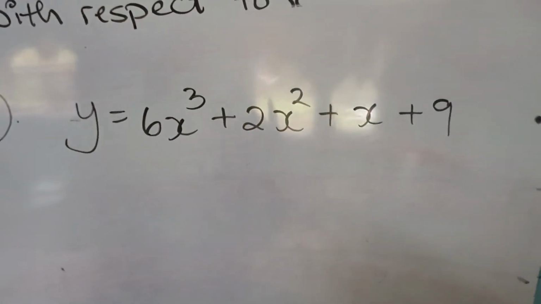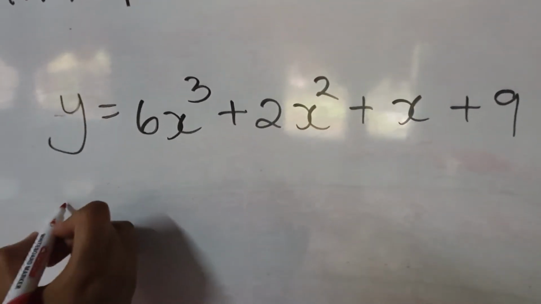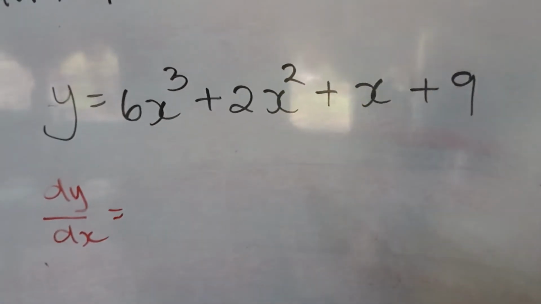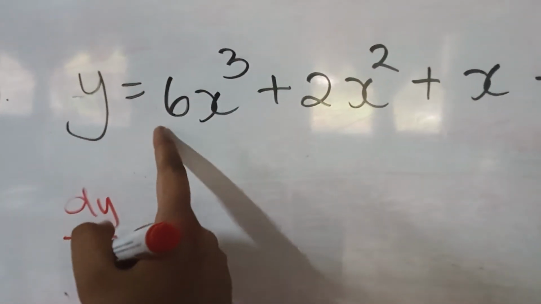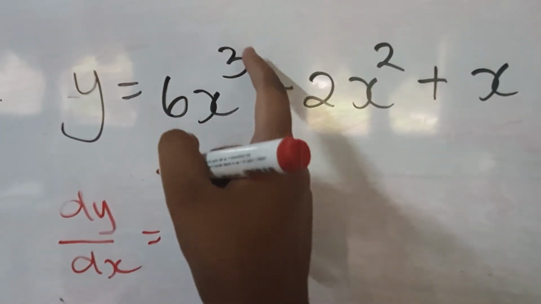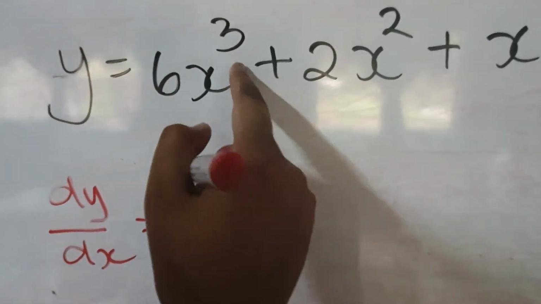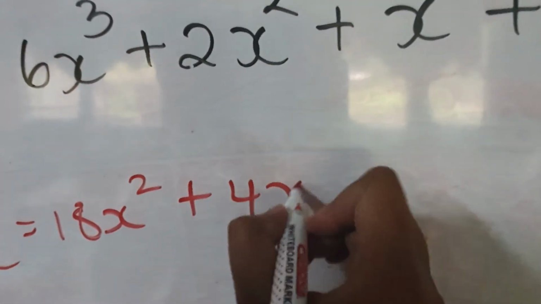Okay, so this is just the next one that we're going to do. Remember we're finding the differential of each part of it, right? So if we differentiate this, bring this and multiply 3 by 6 is 6 3s are 18. Reduce this by 1, we'll get 2. 2 2s are 4.